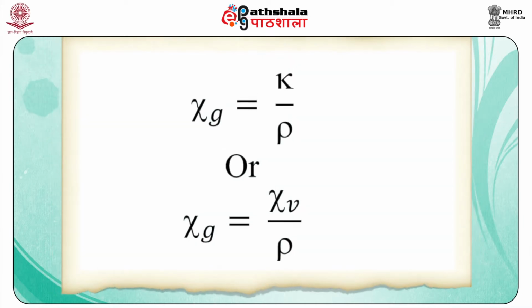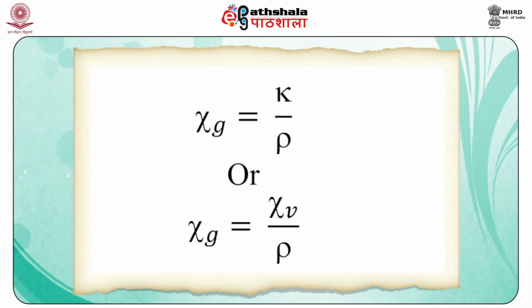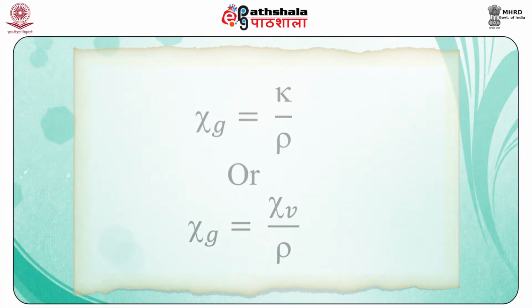Gram or mass susceptibility. It is usually more convenient to measure gram susceptibility chi G, which is related to volume susceptibility through the density. So, chi G is equal to kappa upon rho, where rho is the density and kappa is the volume magnetic susceptibility.